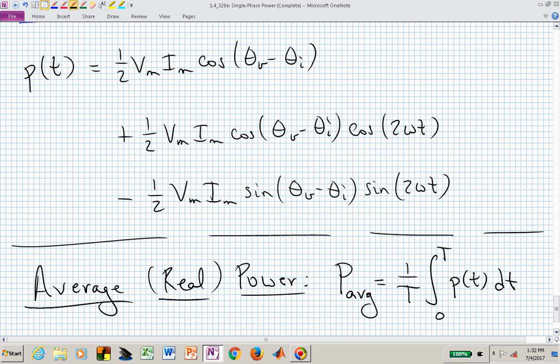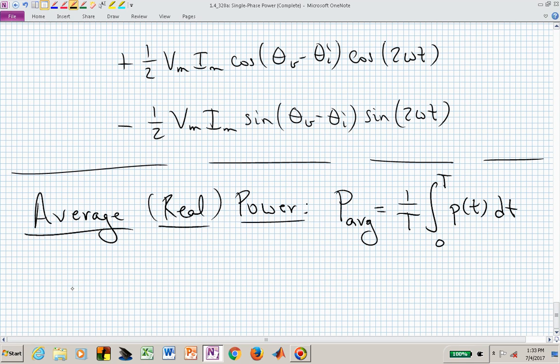And what happens now when we put this three-termed P of t expression inside that integral, and we're integrating over one period? Look at what happens to the last two terms. Those are oscillating at twice the frequency, which means that they have two periods of their waveforms between 0 and capital T, which means that we have an equal amount of area above and below the 0 value for the last two terms in this instantaneous power equation.